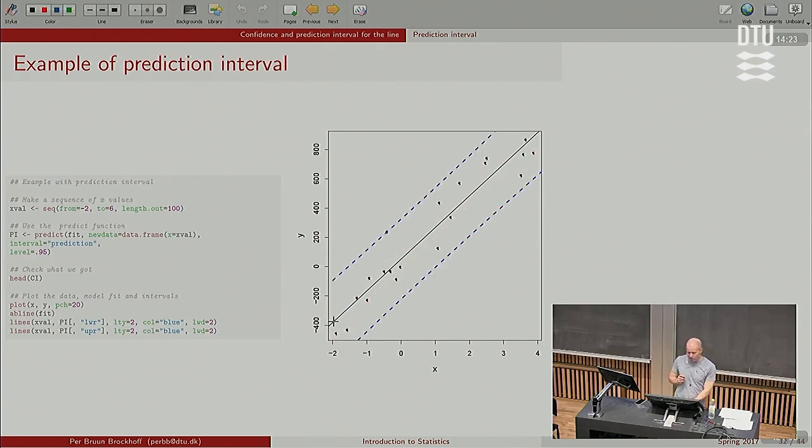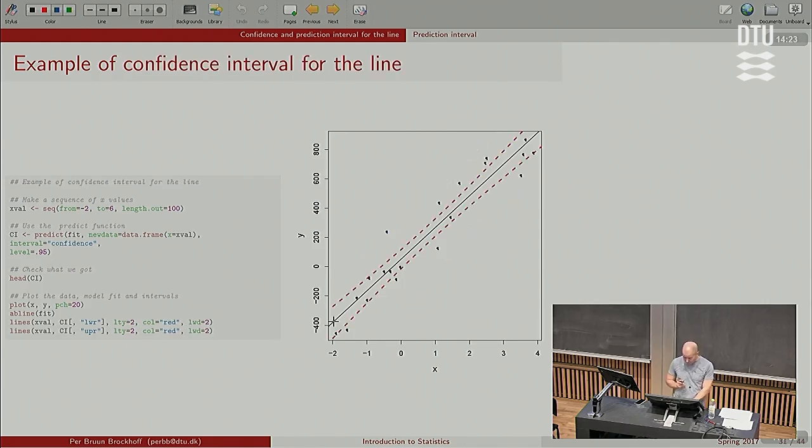The prediction interval is exactly one standard deviation larger than this one. And it's always like that: the confidence interval is narrower than the prediction interval. It's more difficult to predict an individual than it is to estimate the population average. So that's how it is.